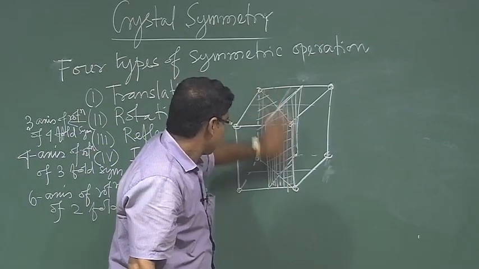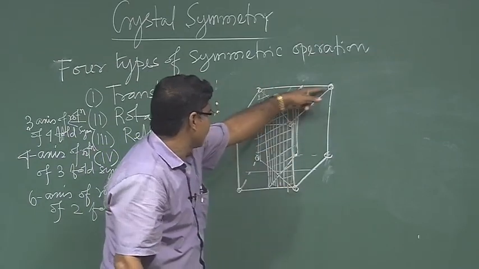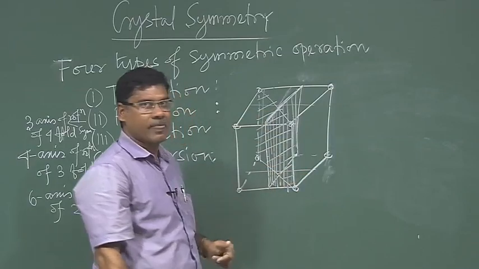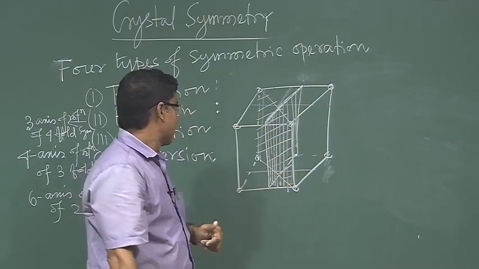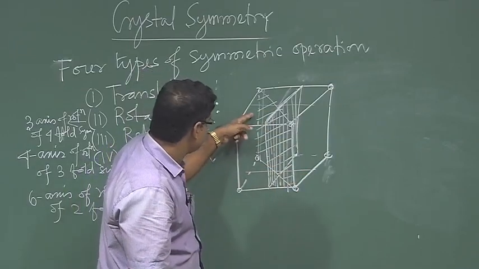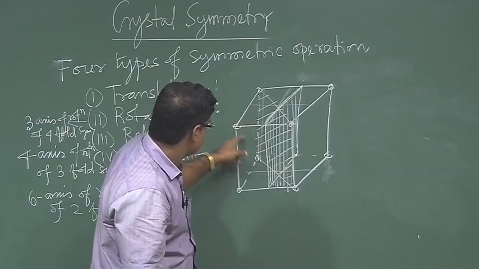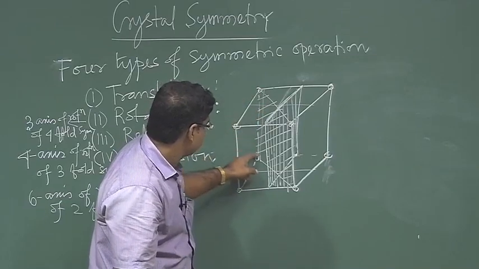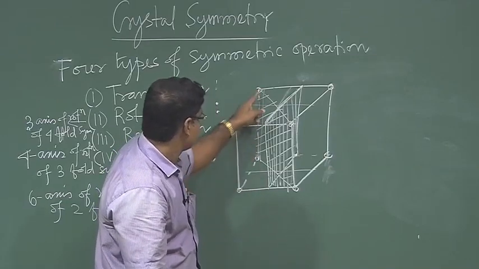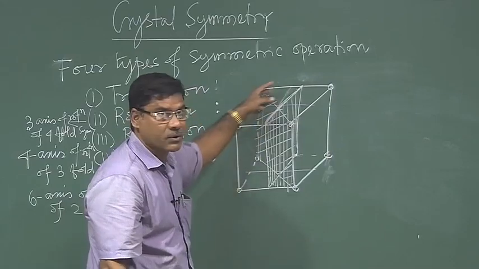This is one plane. Similarly, you can draw this other plane, and from here again you can draw this and this. Okay, it is 4.